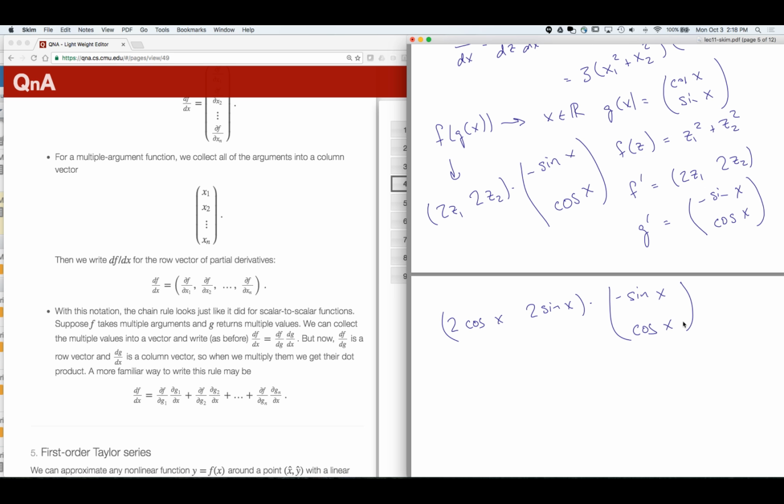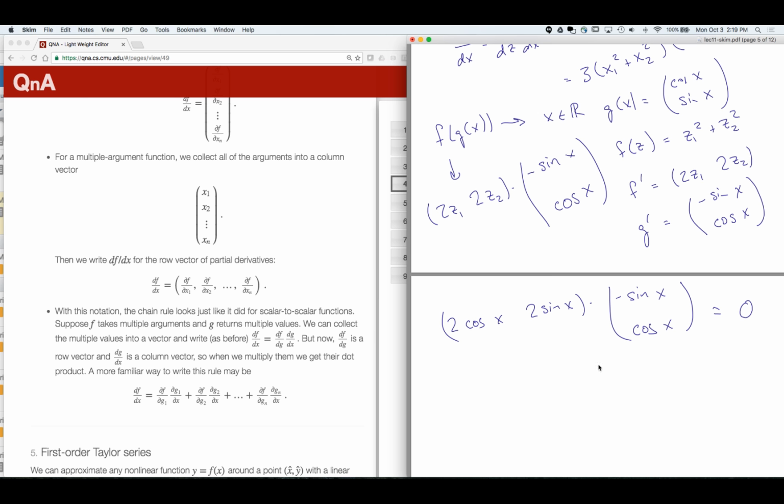All right, and then we could multiply that out if we wanted to. Minus 2 cosine of x sine of x plus 2 sine of x cosine of x, which is 0, which of course I should have realized when I did this example, because in fact the length of the vector g of x is always 1, and so f of z will also always be 1. 1 squared is 1, and so the derivative of a constant is 0.